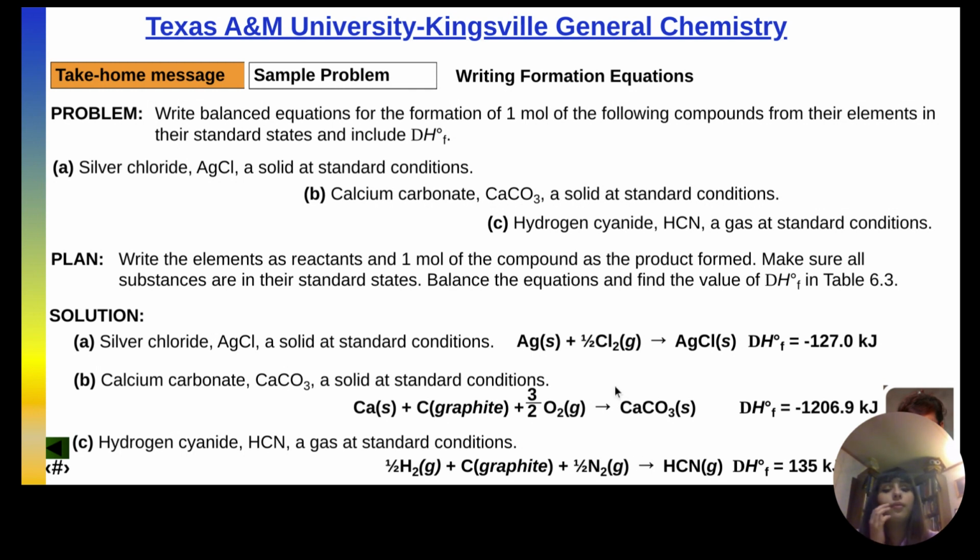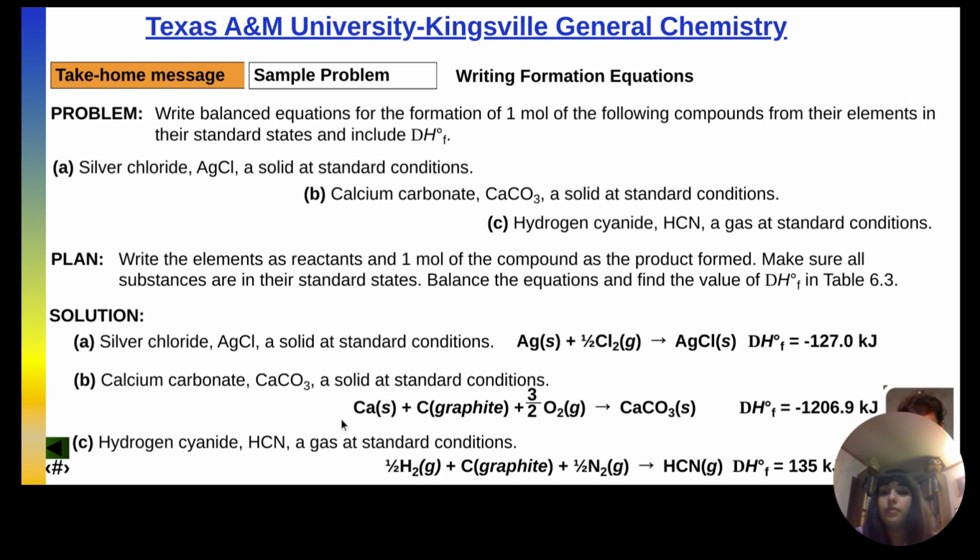So we have 1/2 Cl2 gas, which gives us AgCl solid, and that's our compound. We're basically finding what builds our compound, and that means that our ΔH°f equals negative 127.0 kilojoules.